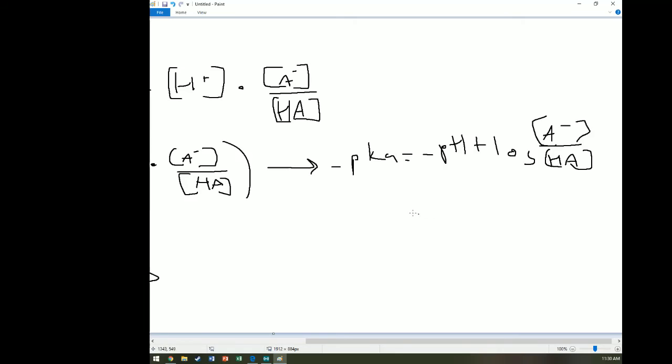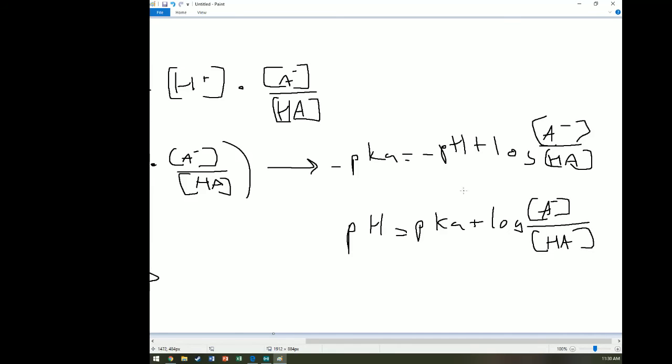And then we can do a bit of rearranging to get that pH equals pKa plus log A minus over HA. And we are done.